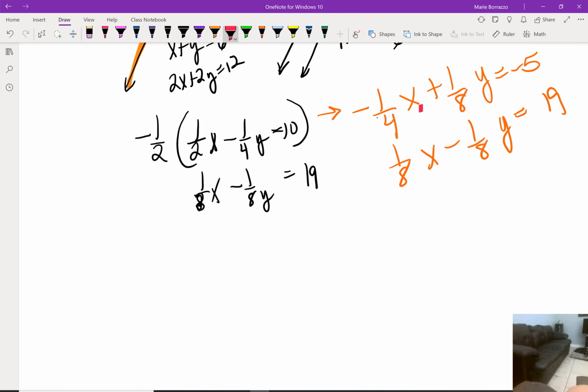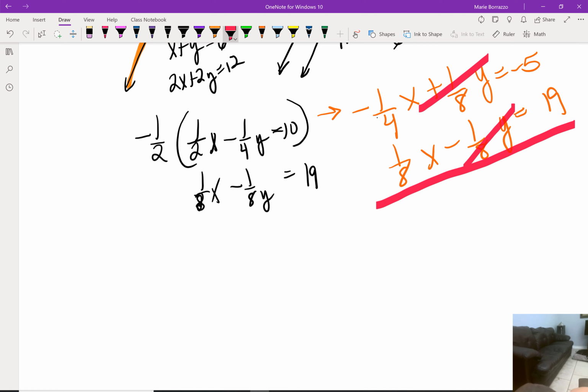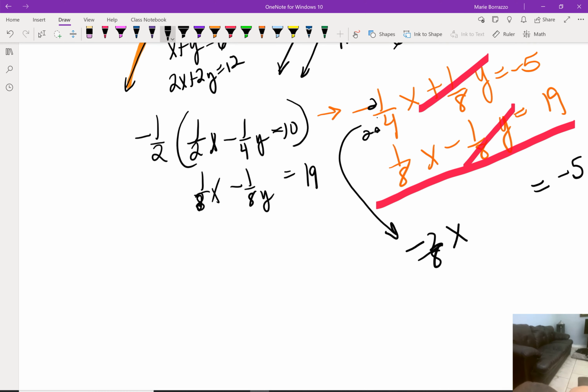So yes, the y's canceled, and now you're left with -1/4 x, which we need to build up by 2, top and bottom. So this becomes -2/8x, equal to -5. Then just drop down your 1/8 x equal to 19.